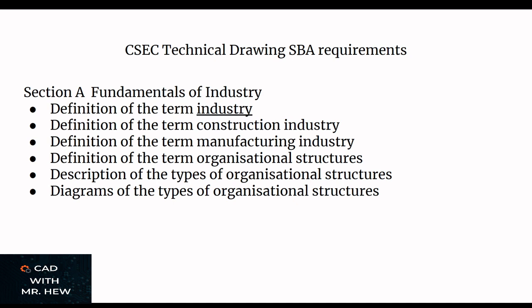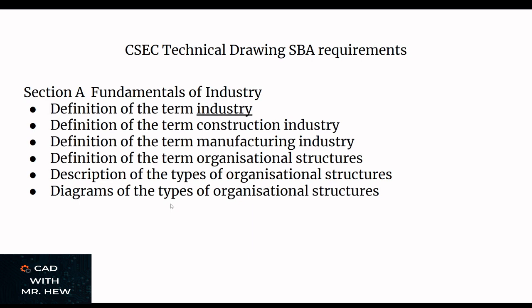In our technical drawing setting, we will be required to define an industry. Then, having given a general definition of what an industry entails, the candidate will now define a construction industry.